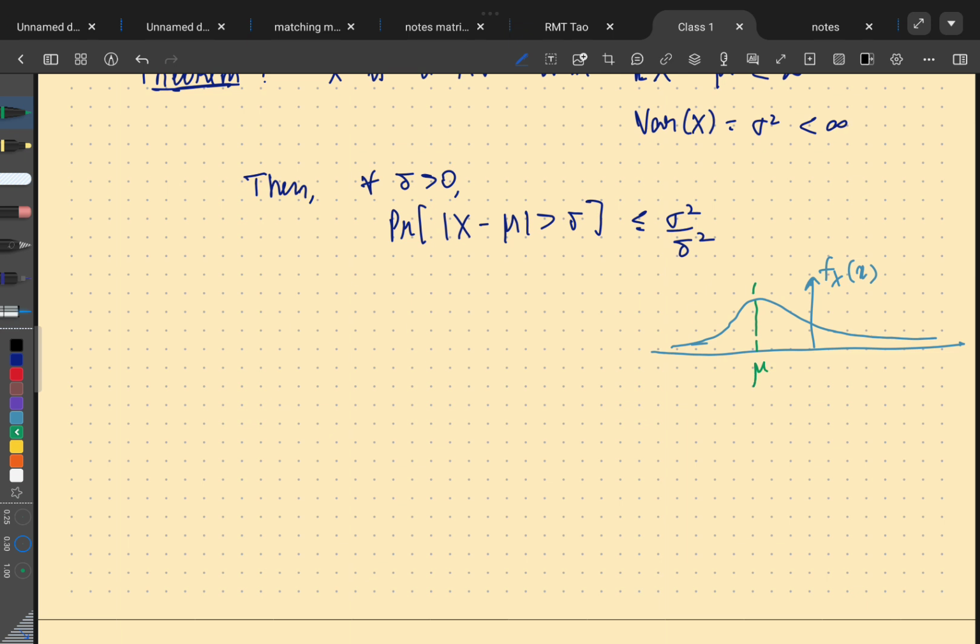Now if I fix a particular delta greater than 0, what does the event |X - mu| greater than delta correspond to? We are looking at delta positive of mu and delta negative of mu, that interval. So you have some interval of width 2 delta, delta to the left of mu and delta to the right of mu. What we are asking for is the probability that the random variable X lies outside this particular interval.